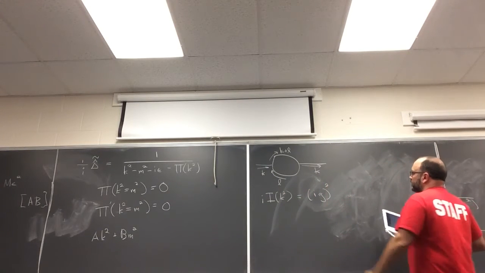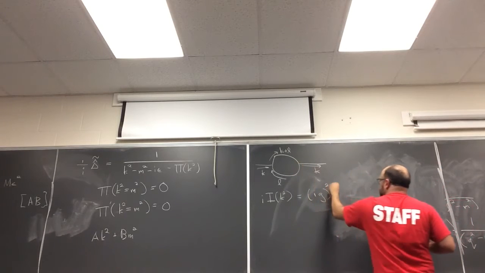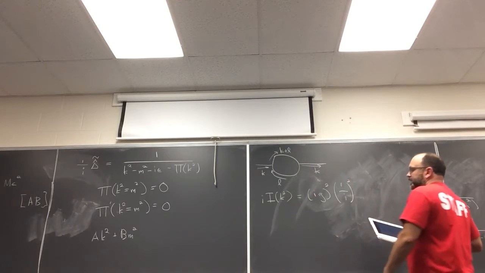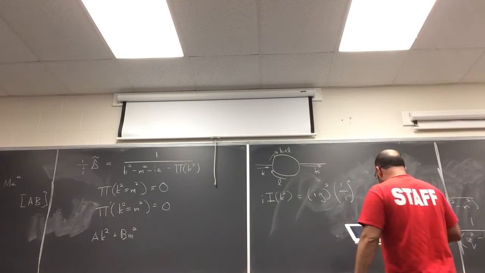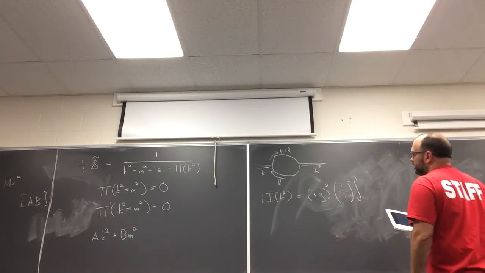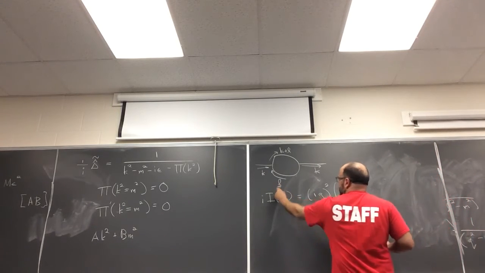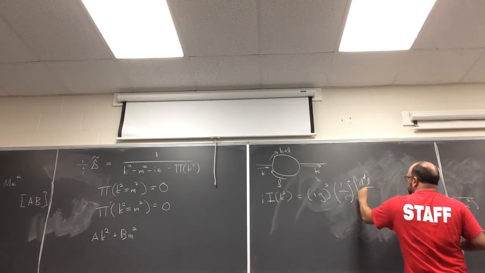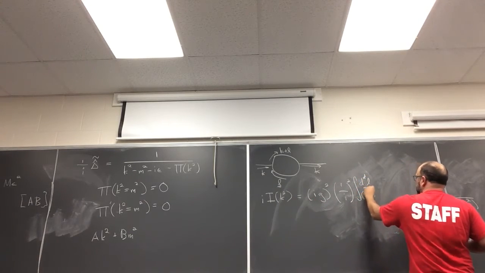Right? I've got two internal propagators, so that gives me two factors of 1 over I. So those i's are going to cancel each other out. And then I've got to integrate over the undetermined momentum, L here. Right? And we're going to work in d dimensions, and you'll see why in just a little bit.